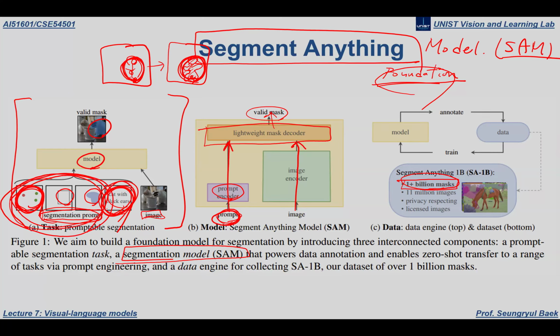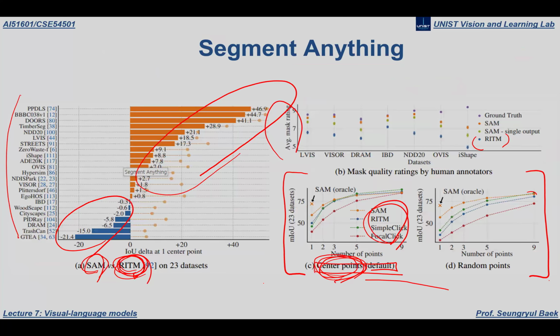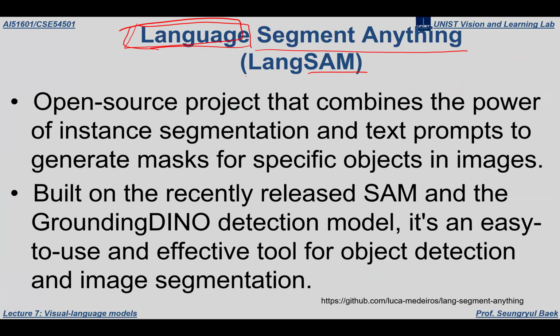They can also input some other types of prompt, and SAM is not focused on this text alignment. But if you use this language SAM, which we call LangSAM, then SAM can also work better for some new unseen classes.